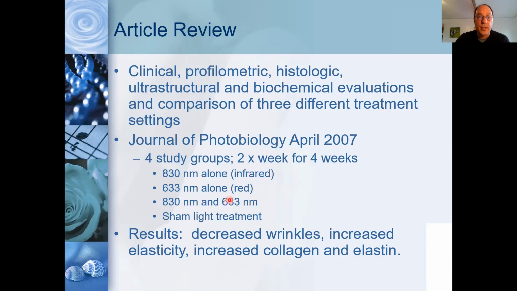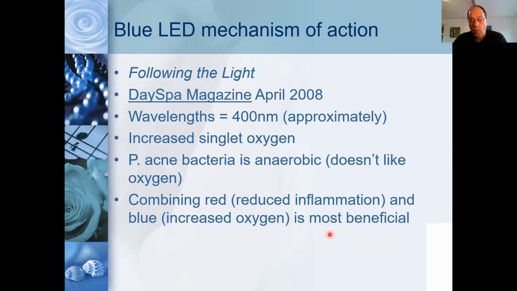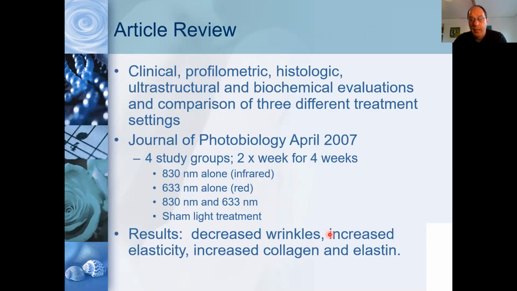And the control was multiple wavelengths without any specific one wavelength. So they found when they used red and infrared together, they found a result of decreased wrinkles, increased elasticity, and increased collagen and elastin. Let's look at how that works, because it's pretty amazing when you think about what this light is doing to the tissue.